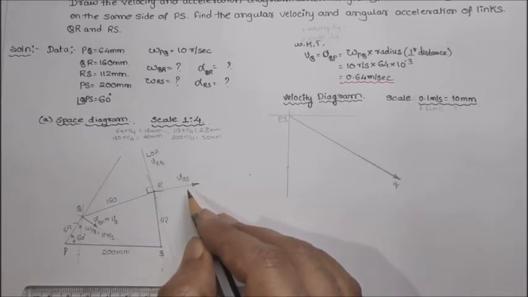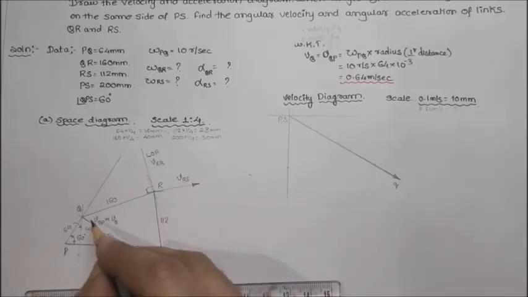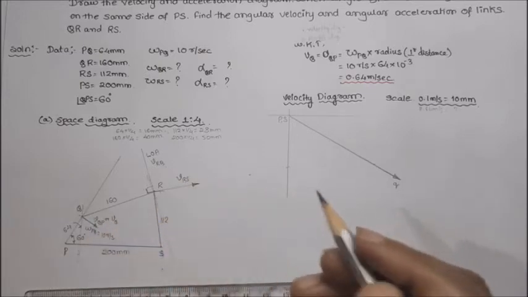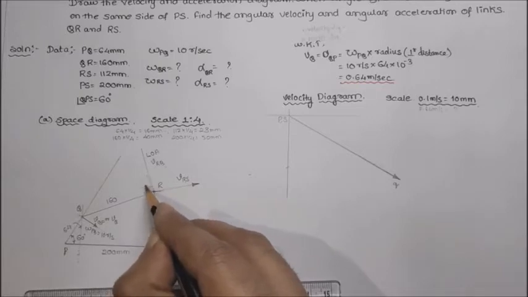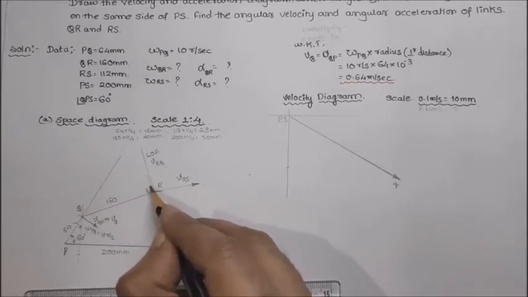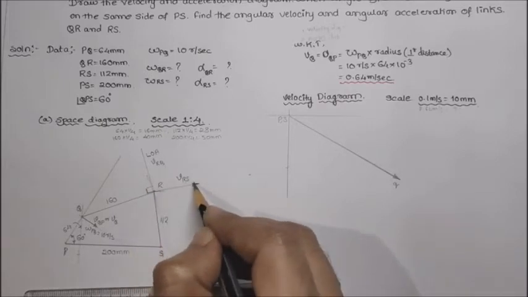rs. So for that, what we do is, we will measure this line, this angle, and we'll measure this angle. So this angle is 90. So RQ line we know we have to do that one, and this line we have to do it.